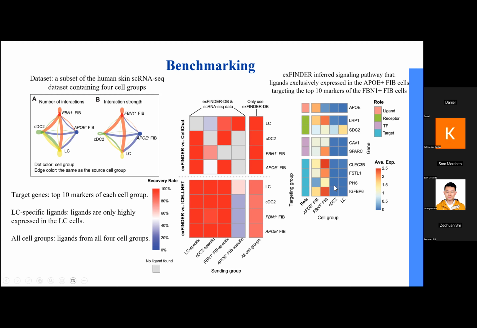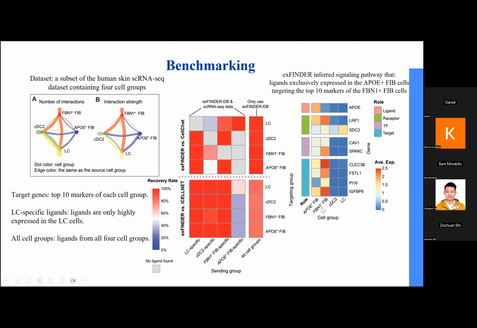If we are looking for the signal network that activates the target genes, the marker genes of the FBN1 plus cell group, we found that there is one ligand, APOE, only expressed in the APOE plus cell, and it still can activate these target genes.